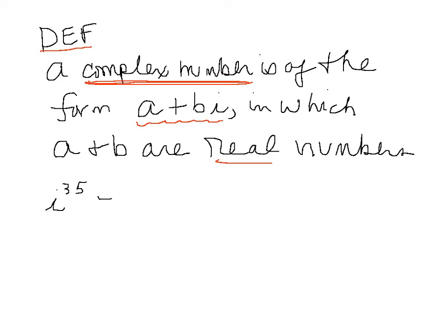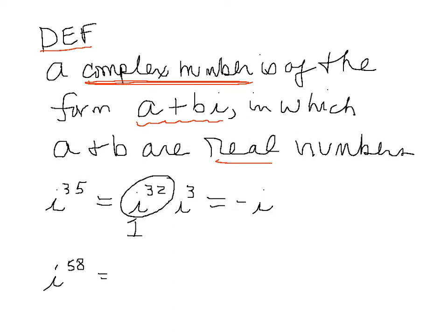So i to the 35 I can write as a multiple of 4, and then what's left is a 3, and if you remember, that's equal to minus i. This is 1, and i cubed is minus i. i to the 58th. Well, the biggest multiple of 4 less than 58 is 56, and then I have an i squared.